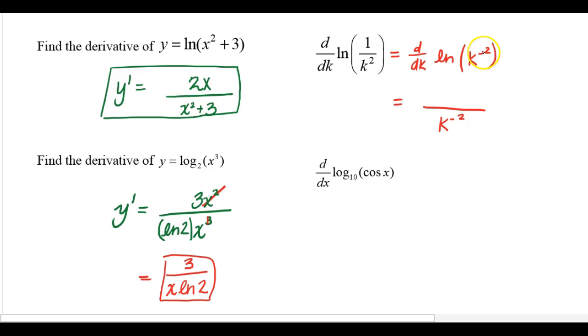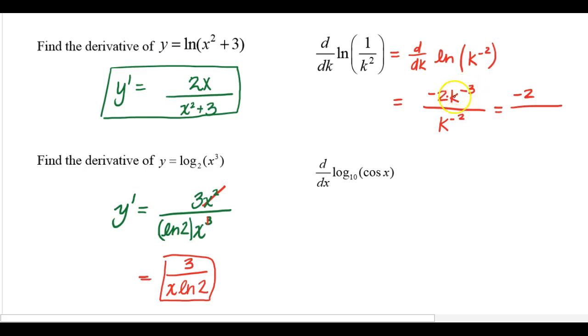So the derivative by the power rule is negative 2k to the negative 3, right? I subtract 1 from negative 2, which is a negative 3. And now I want to simplify this. So the negative 2 stays in the numerator. So that's negative 2 times k to the negative 3. The only thing attached to the negative 3 is the k.